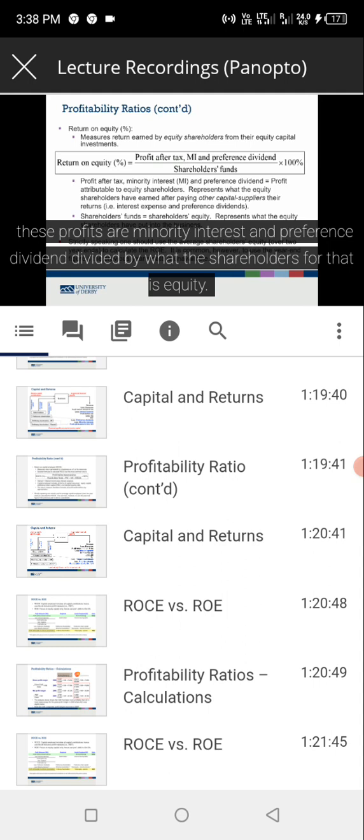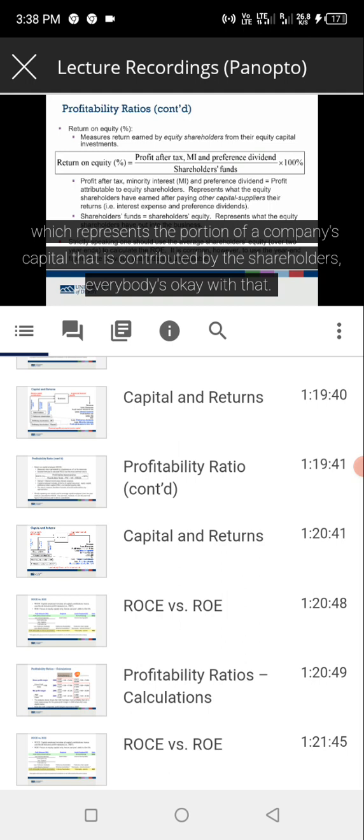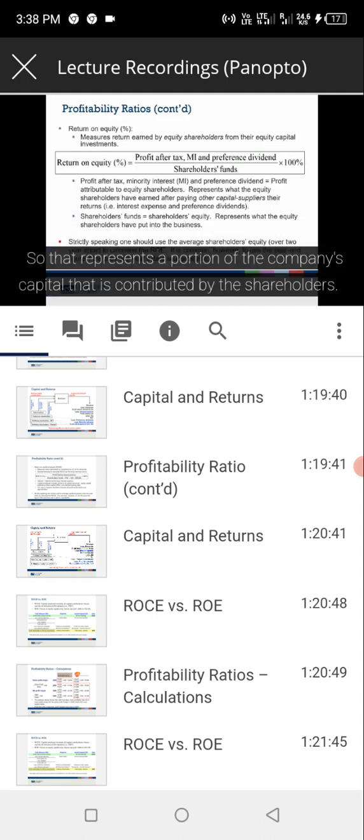The shareholders' fund. That is equity. Remember, I said the shareholders' fund is the same as equity, which represents the portion of a company's capital that is contributed by the shareholders. Hope everybody's okay with that? So that represents the portion of a company's capital that is contributed by the shareholders.